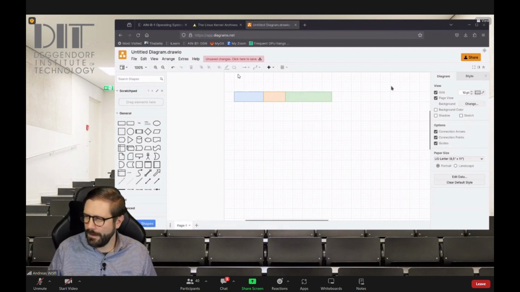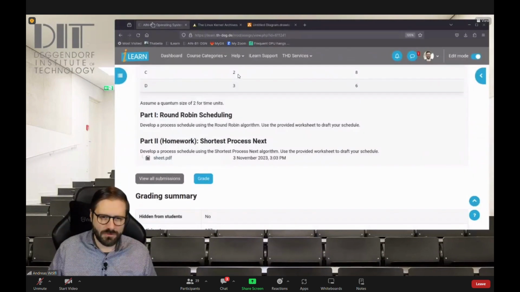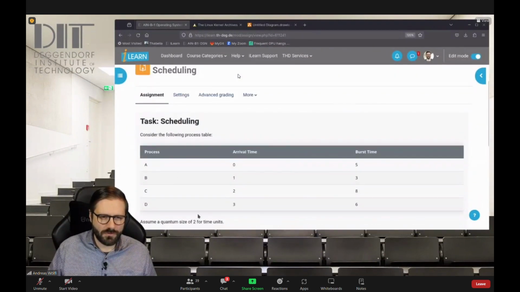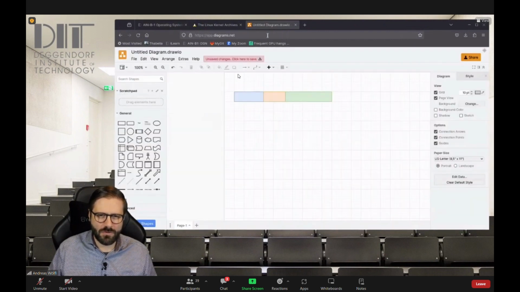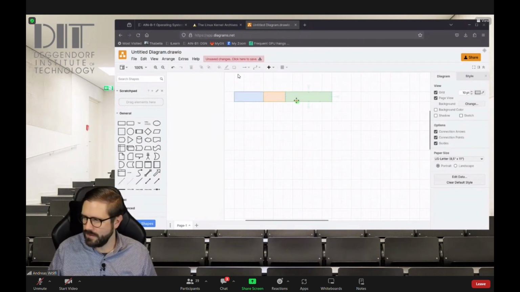So we do breakout rooms again, and one student should screen share, and together you develop a schedule according to this table with round robin, and one person is the pilot, and this pilot then draws the schedule.